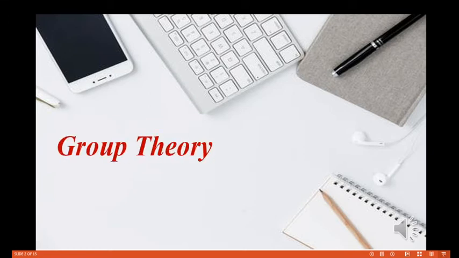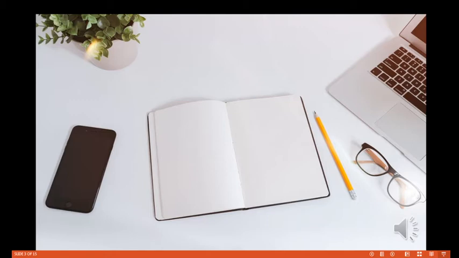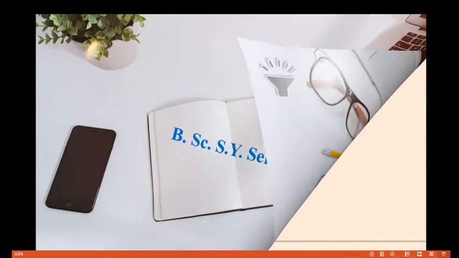Today I am going to consider group theory. Group theory is designed for the students of BSc second year, third semester of Swami Ramananda Tirtha Marathwada University, Nanded.